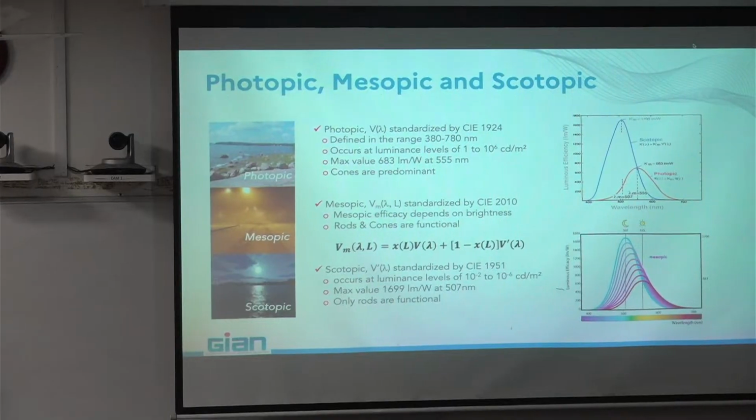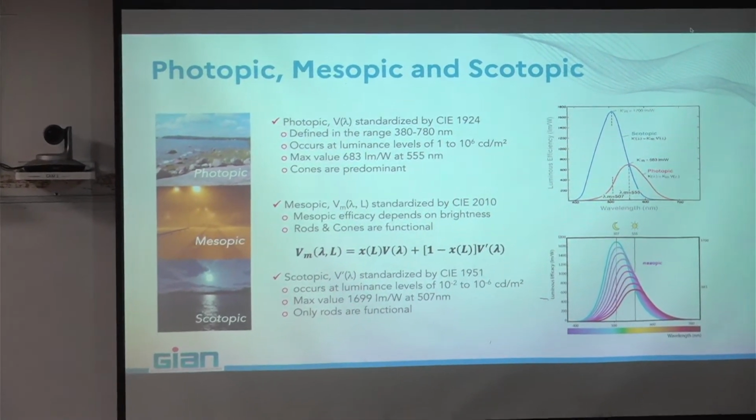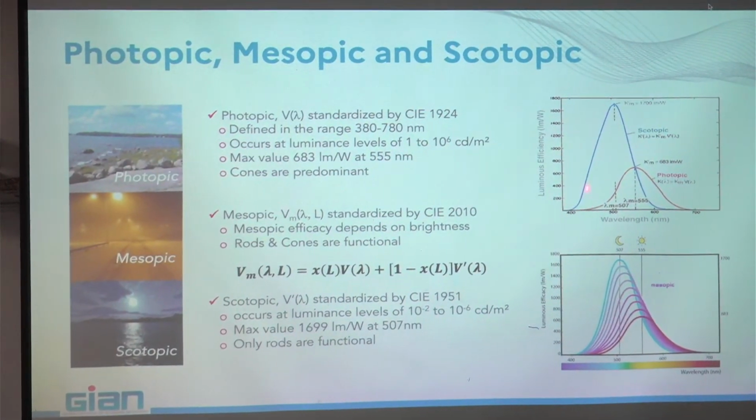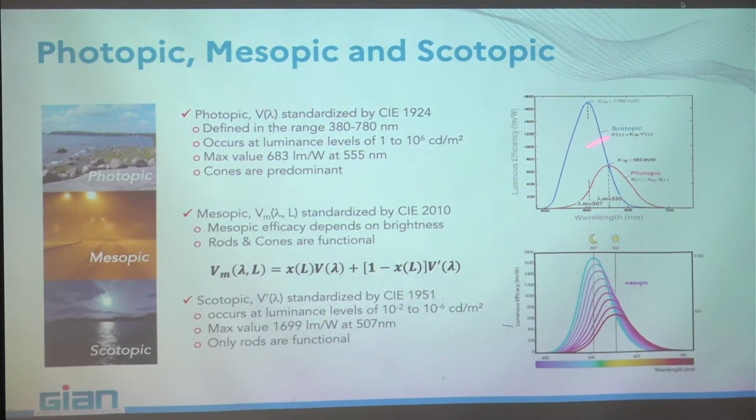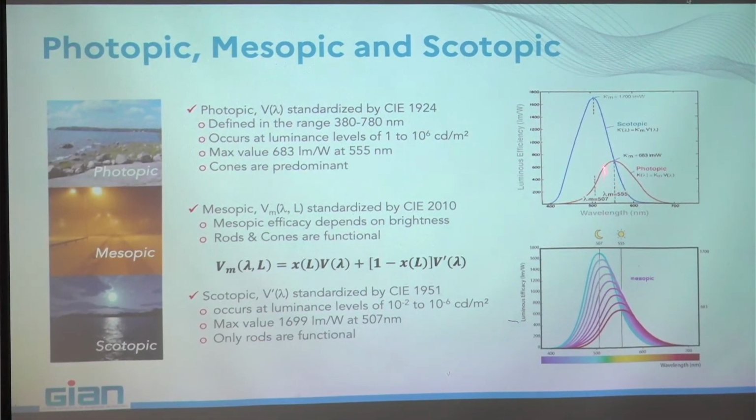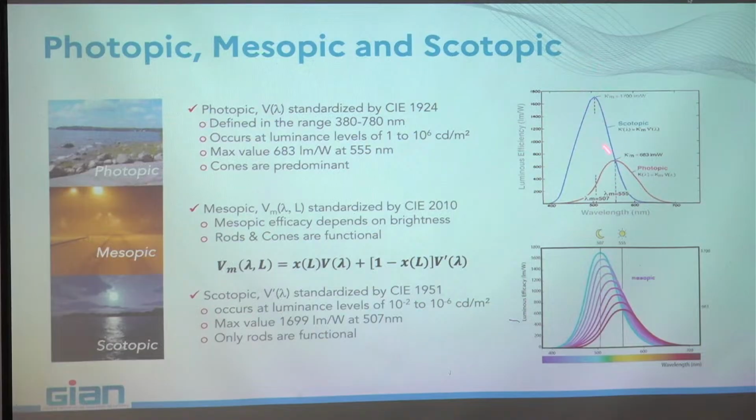And also, as I was telling from the beginning, when you pass from photopic conditions, when you have a lot of light, to scotopic conditions, you switch from rods plus cones, especially the cones here, and you see that the maximum here is 683 lumen per watt, corresponding to 555 nanometers.